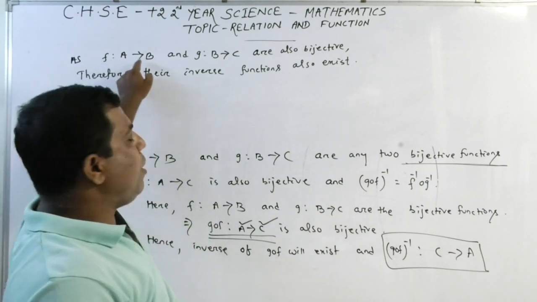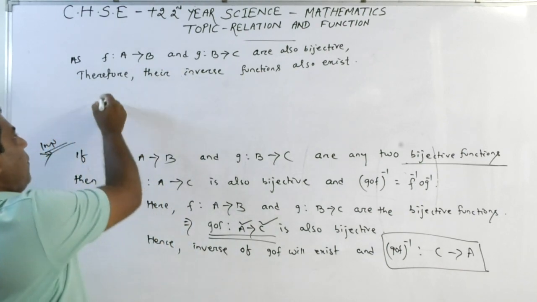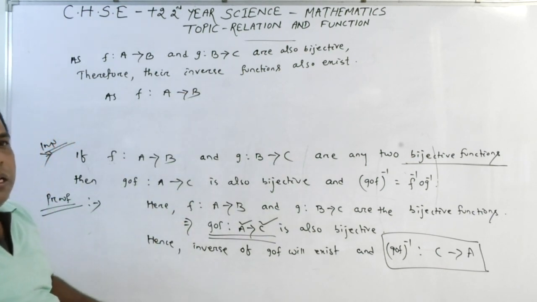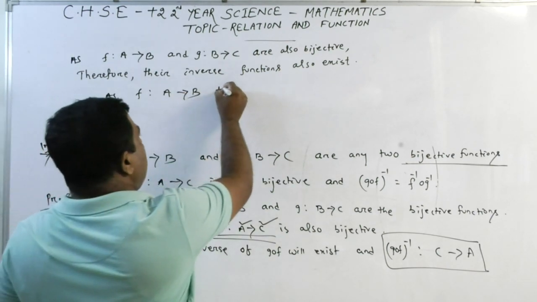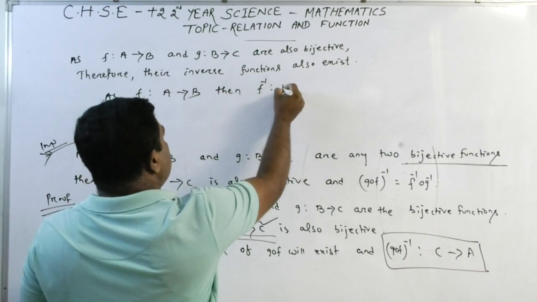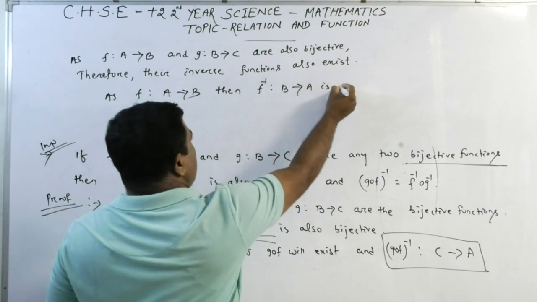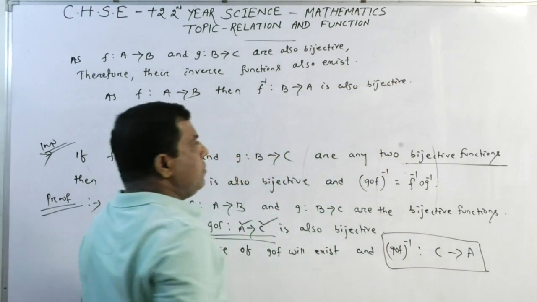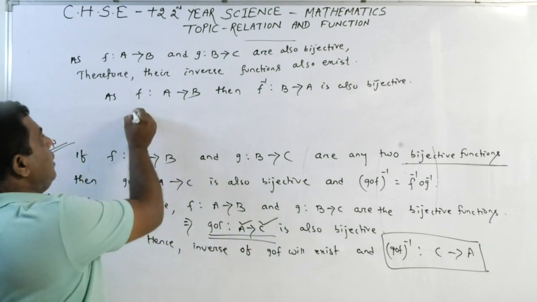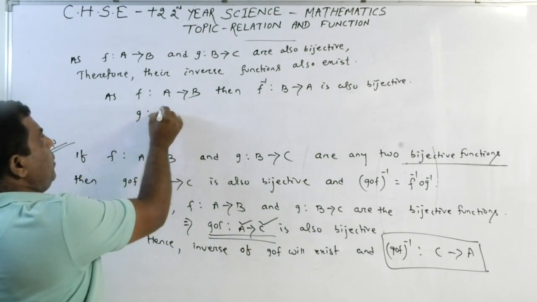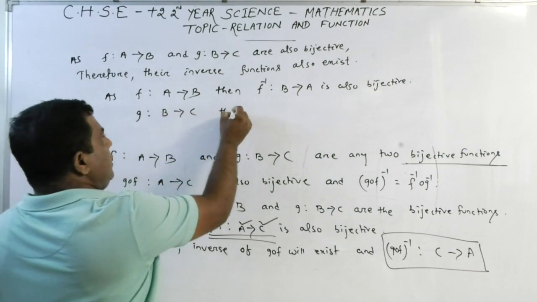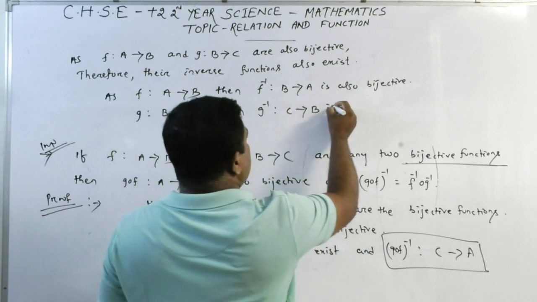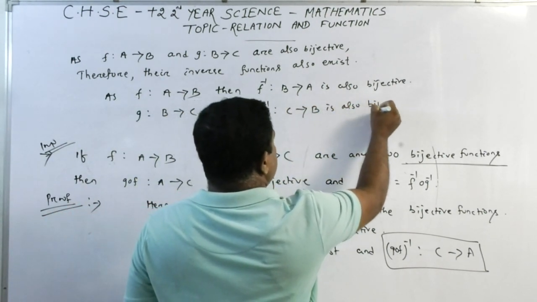As f is from A to B, f inverse is from B to A and is also bijective. g is from B to C, then g inverse is from C to B and is also bijective.